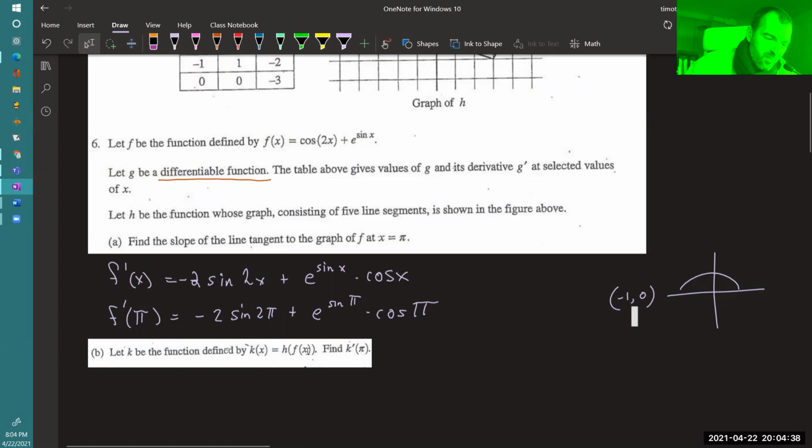So the sine of pi is going to be 0, and the cosine of pi is going to be -1.